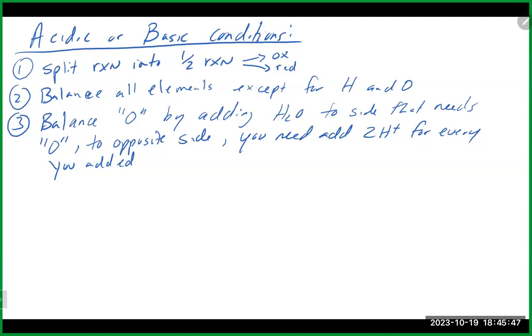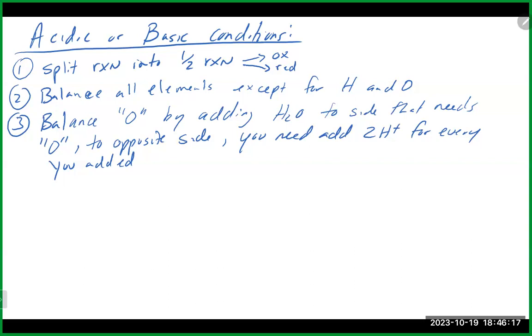So on one side, you're going to add a certain number of waters to balance out the oxygens that you need. And then to the other side from where you added the water, the other side of the arrow, whichever side that may be, you need to add 2 H pluses for every water that you added. That will make sure that at the end you are not short hydrogens. By the way, if you are starting out in a half reaction where you have more hydrogen on one side than the other, then you could add just H pluses to the other side.